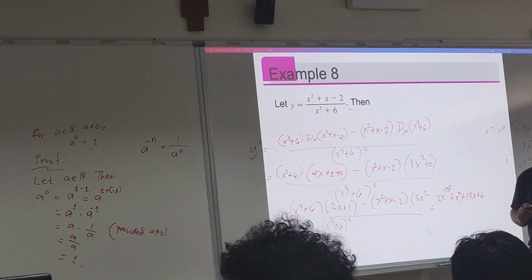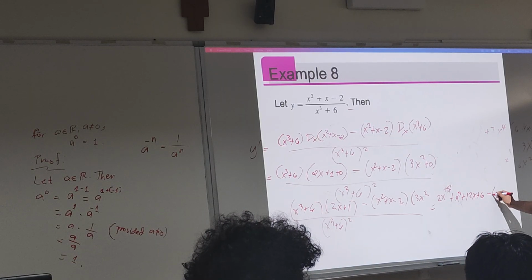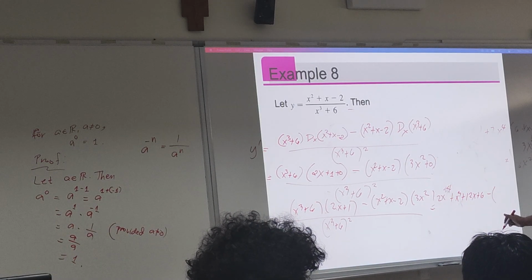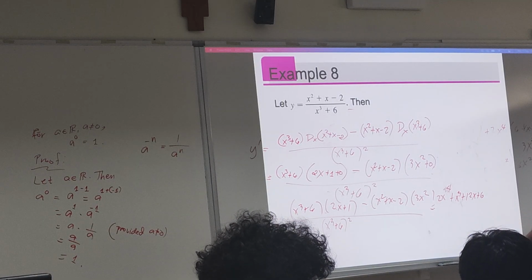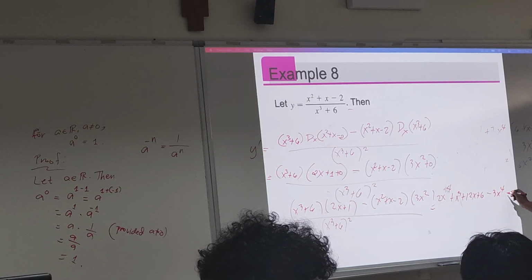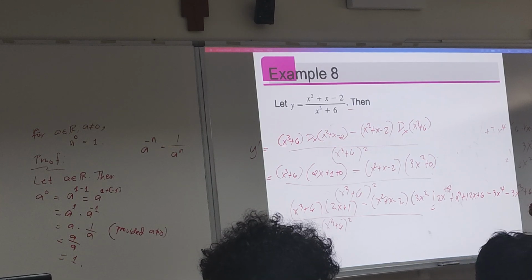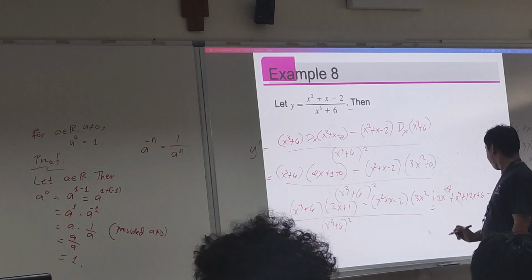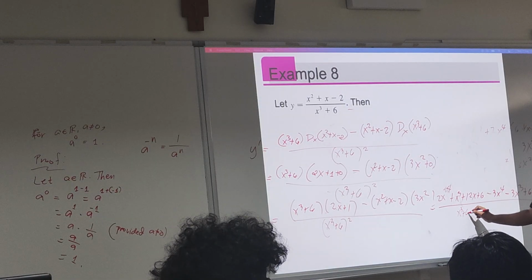You can use the coin method. This is just minus 3x to the power of 4. We have negative 3x to the 4 minus 3x cubed plus 6x squared, divided by x cubed plus 6.